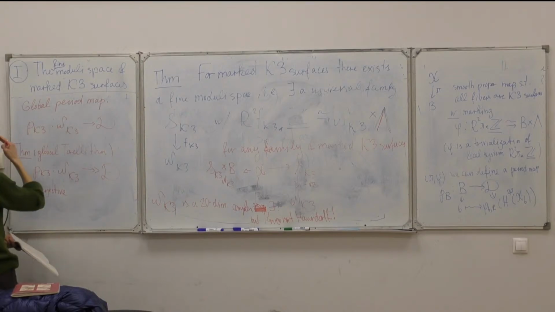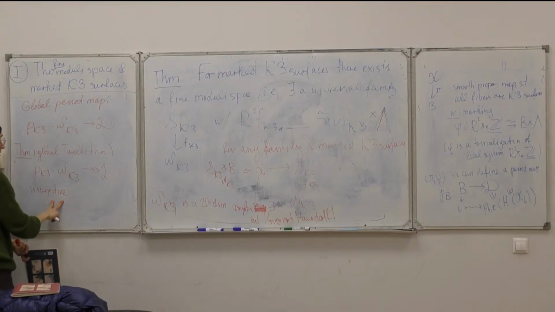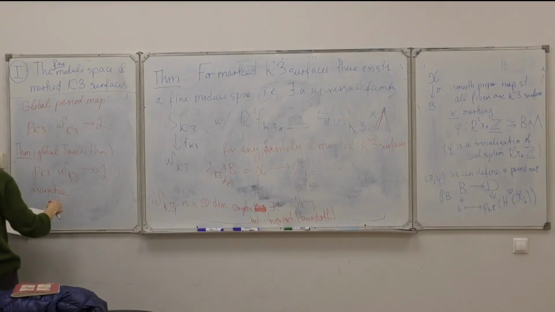And in fact, this is a very difficult theorem. Unfortunately, I don't have time to explain why it's so, but let me just say what it means to be surjective in this case.